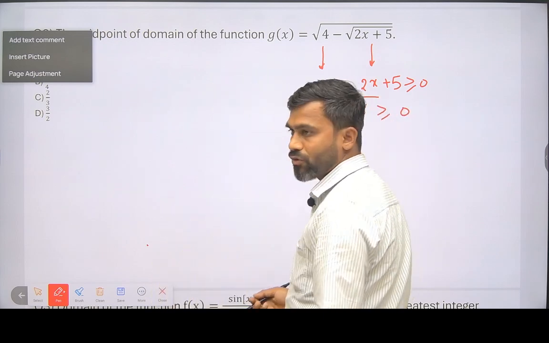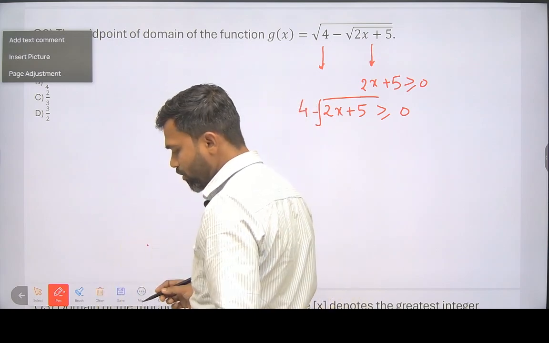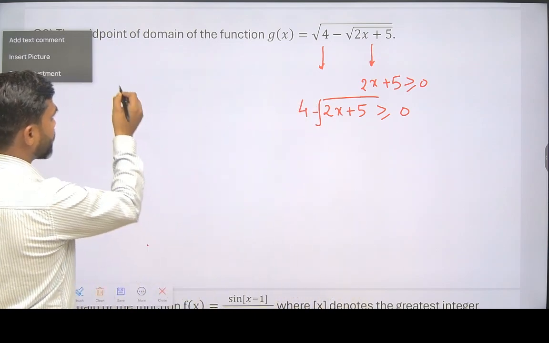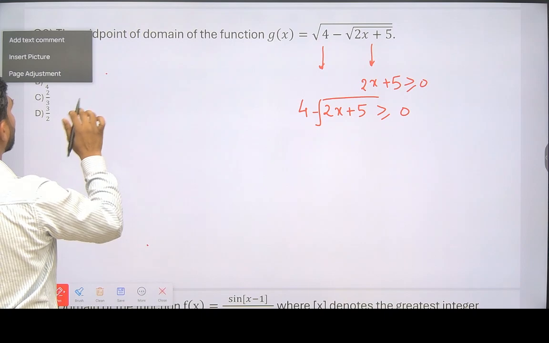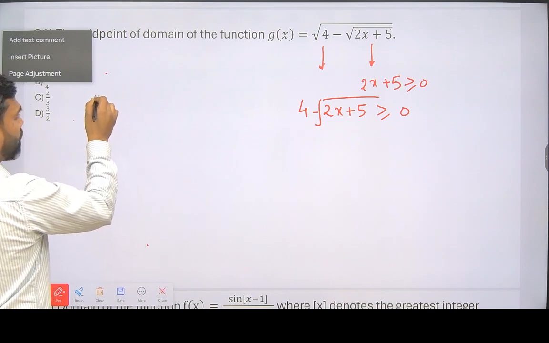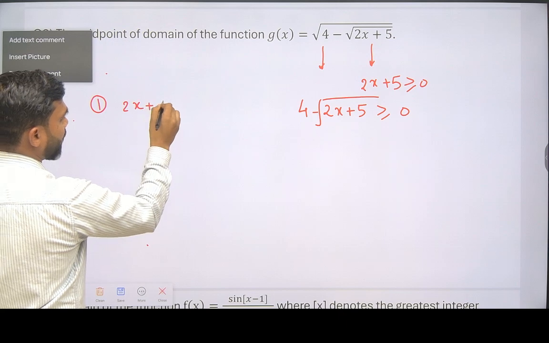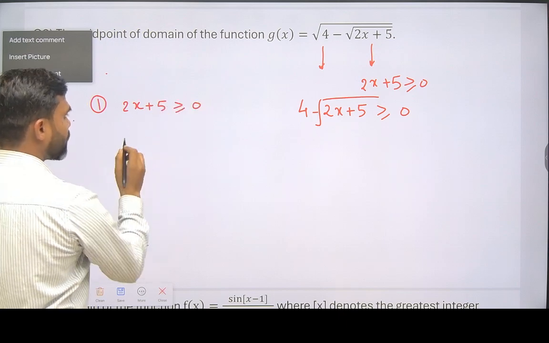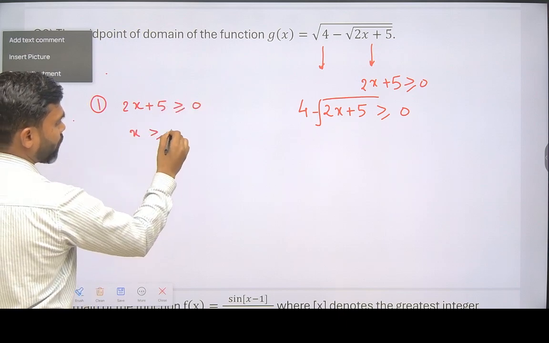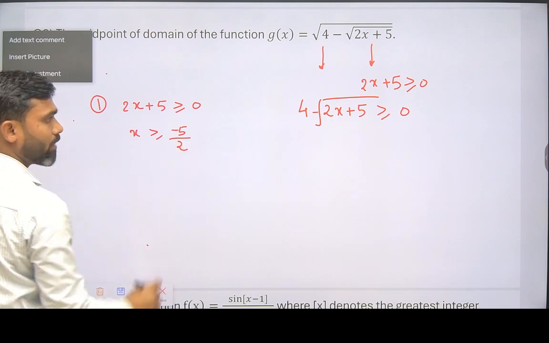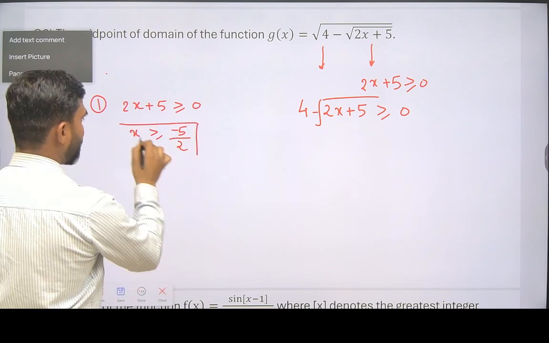So we have to solve both the things. Let me solve the first part. It is 2x plus 5 greater than or equal to 0. Now what will we get? x is greater than or equal to minus 5 by 2. First thing, right?